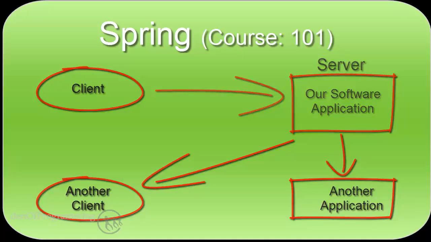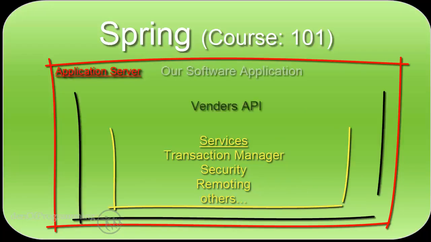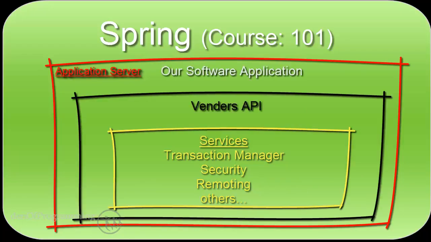Now in the Java world, these concerns have historically been services provided by third-party vendors. These services were bundled up into a neat little package known as an application server. The problem was, in the early 1990s, each vendor had their own set of APIs.